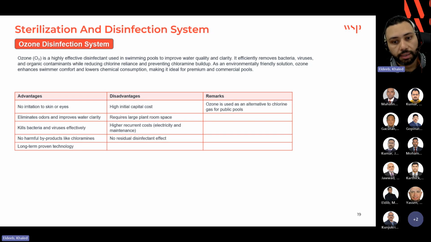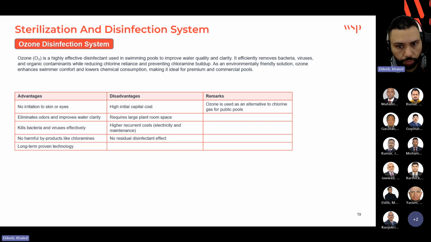It also provides strong disinfection by eliminating bacteria, viruses, and other pathogens that chlorine cannot remove. And it doesn't produce harmful byproducts such as chloramine. You remember in chlorine, the combined chlorine called chloramine, the one causing the strong smell in the pool, the one that I showed you in the video. Okay, so those are the benefits of ozone.